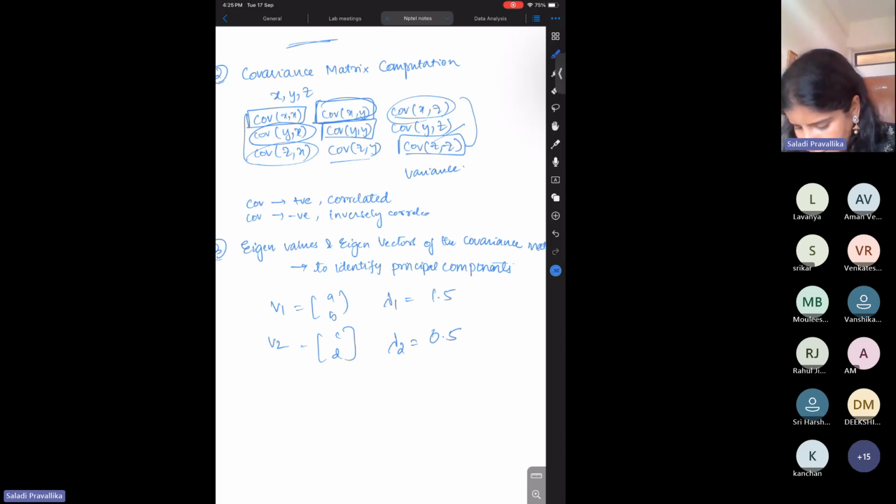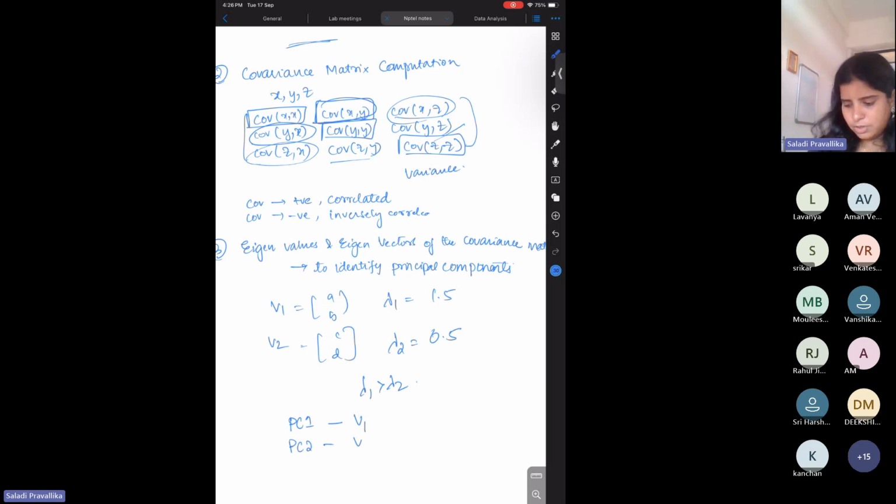The important thing is lambda 1 is greater than lambda 2. So when we rank in descending order, the eigenvector that corresponds to the first principal component, PC1, is V1, and the vector that corresponds to the second principal component, PC2, is V2.